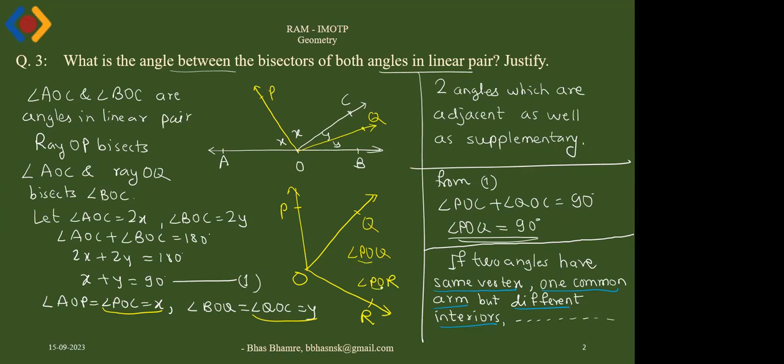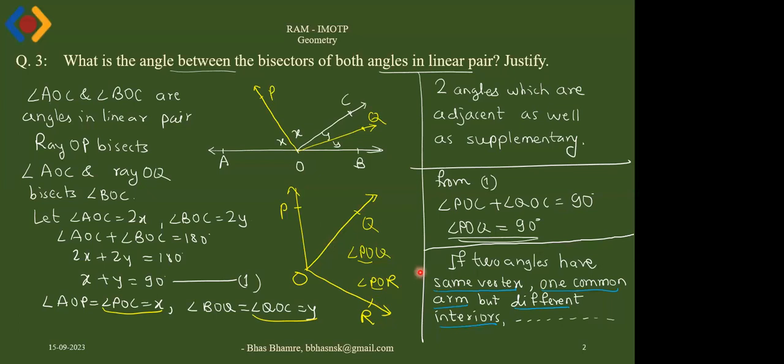The common arm is OP, but their interiors are not different. If you see, you find that the interior of POR and the interior of POQ are overlapping. So even if they have the same vertex and one common arm, they do not have different interiors, so they are not adjacent angles.